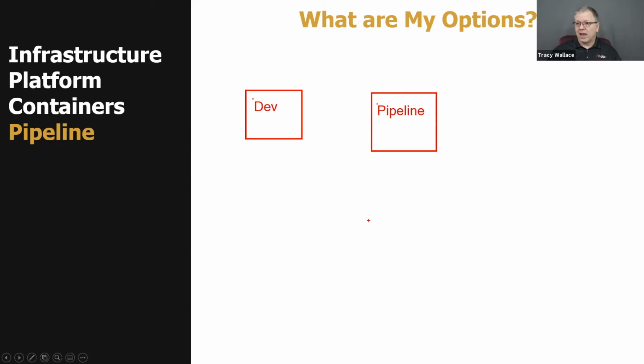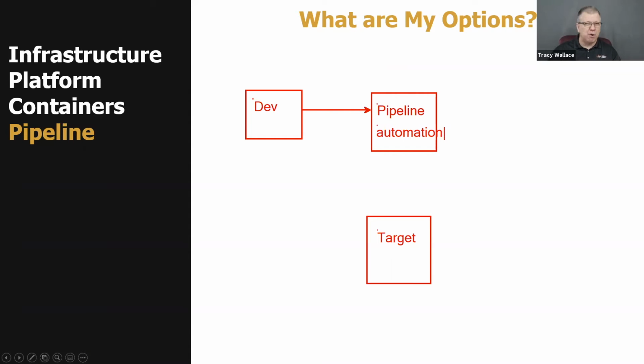The idea with this is that I've got some sort of target here, and developers work on code. Typically, they then check that code into some kind of repository. That kicks off an automation process, which is really what this is. It's just automation.